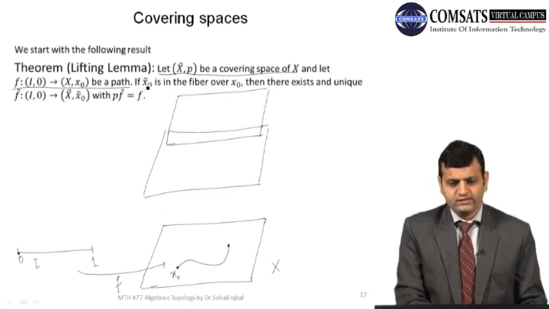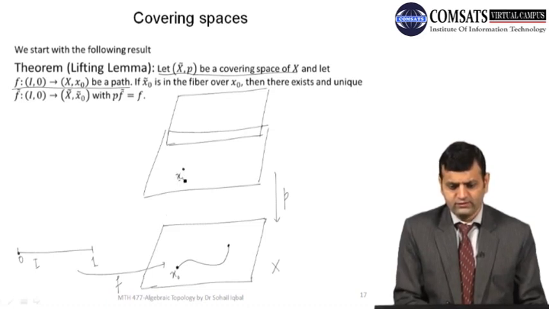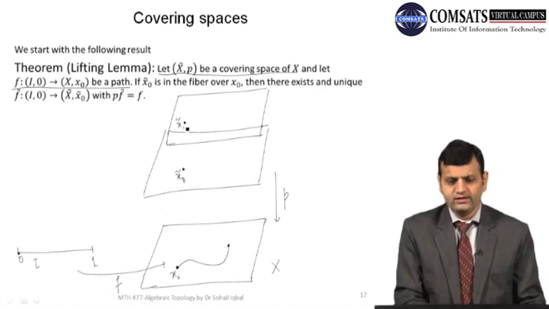And if x naught tilde is in the fiber over x naught, so this is our continuous function p, the inverse image of x naught will be x1, so we are calling it x naught tilde, and it could be x1 tilde, and there will be one point corresponding to each and every sheet above the space X. Let's say there are 10 sheets, then there will be 10 inverse images of x naught.